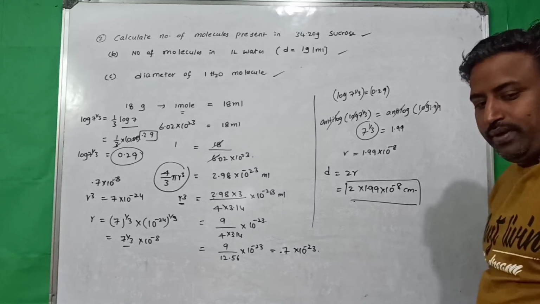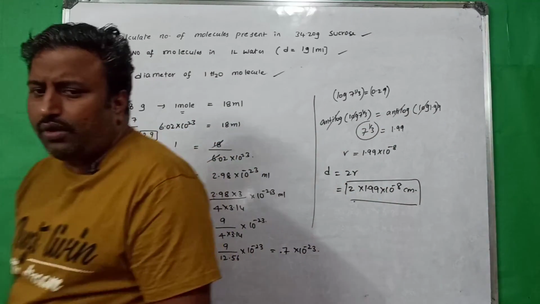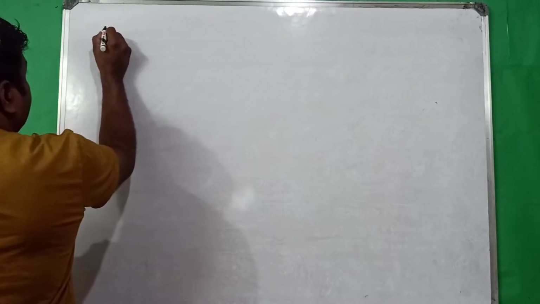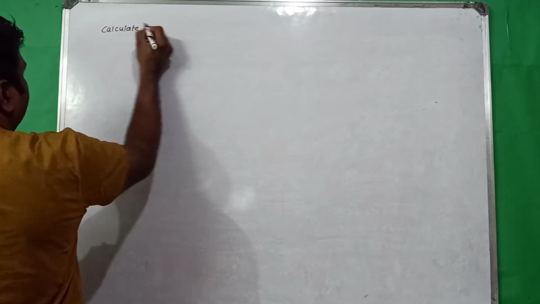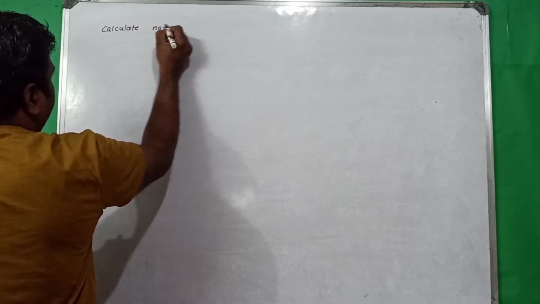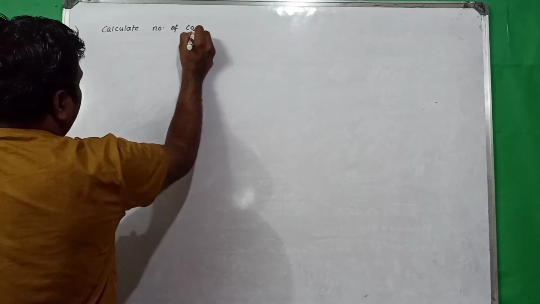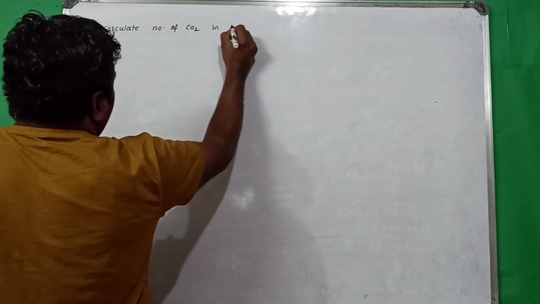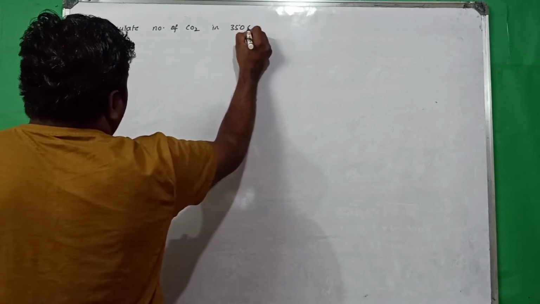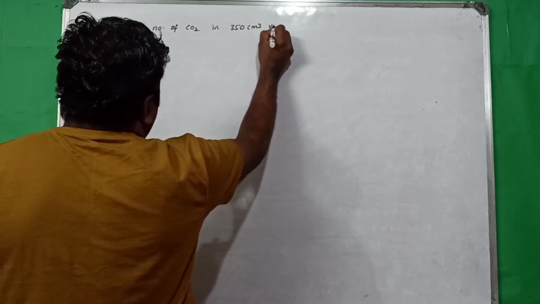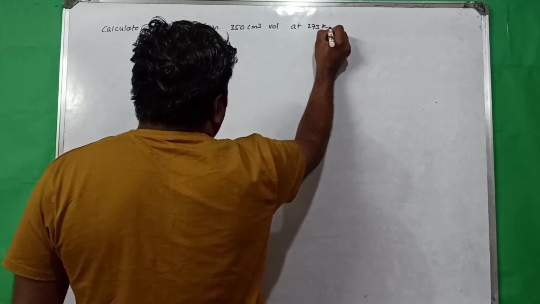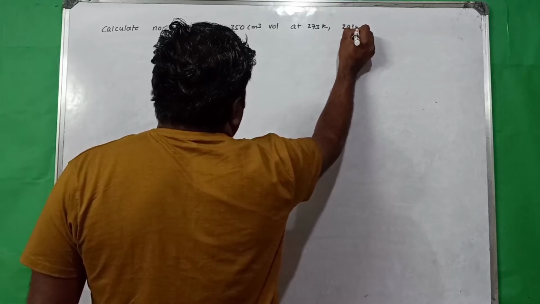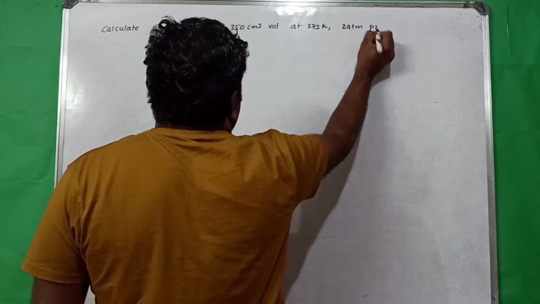Now let us continue with a few more questions. Next question: calculate the number of CO2 particles in 350 centimeter cube volume at 273 Kelvin temperature and 2 atm pressure.